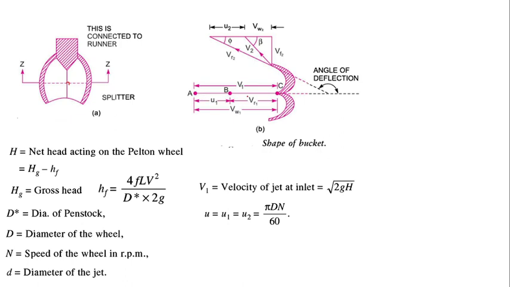Here we are giving direction in a Z direction, directly straight line, so we do not have that velocity triangle. This is a special case, the Pelton wheel.